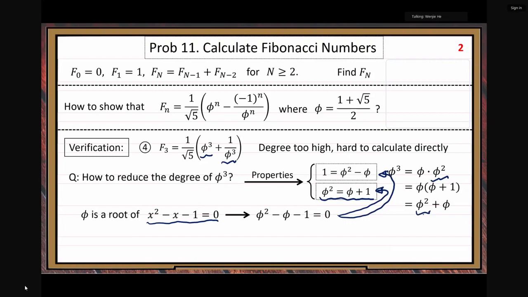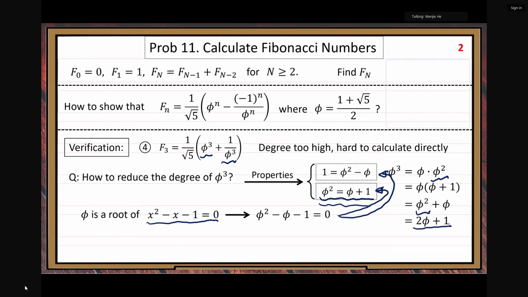But when you see phi squared, you can apply the second property another time, to bring it down further. So you replace phi squared by another phi plus 1, and you get 2 phi plus 1. This time, the highest term degree is only 1.